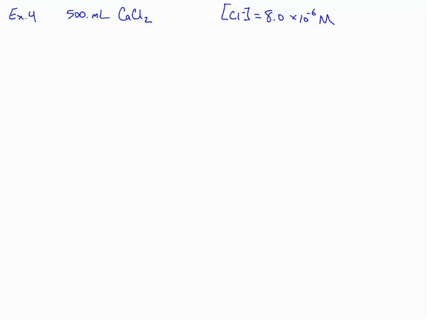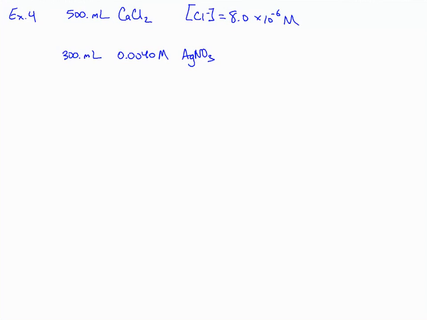And we're going to add this to a second solution, and this solution is 300 milliliters, and we know the concentration for this one, 0.0040 molar, and this is silver nitrate, AgNO3. Will the precipitate form when equilibrium is reached?